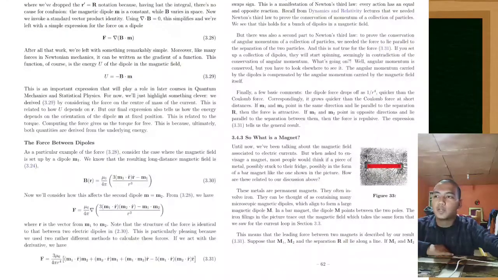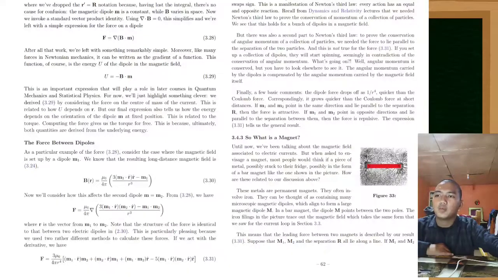If you set up a collection of dipoles, they will start spinning, seemingly in contradiction of the conservation of angular momentum. What's going on? Well, angular momentum is conserved, but you have to look elsewhere to see it. The angular momentum carried by the dipoles is compensated by the angular momentum carried by the magnetic field itself.